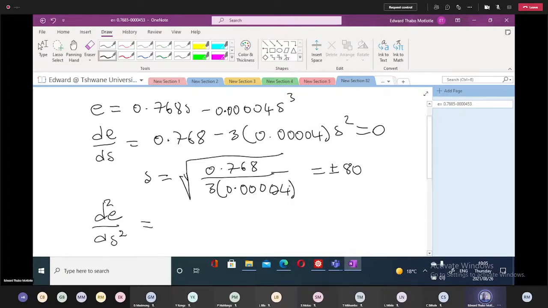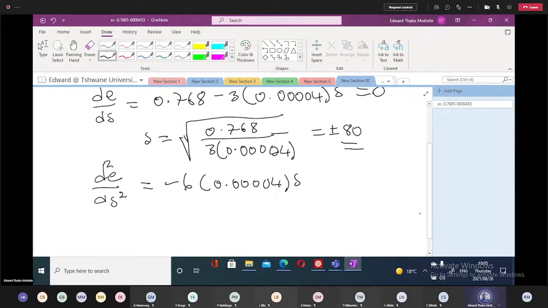When you differentiate now, you have minus 6 multiplied by 0.0004 S. Now substituting this value of S, this basically is minus 0.0024 S, so we end up with this.